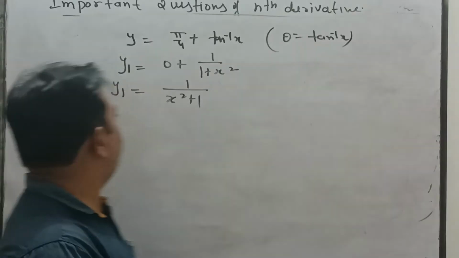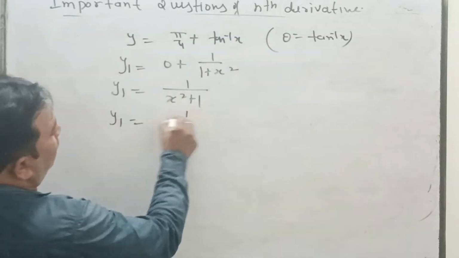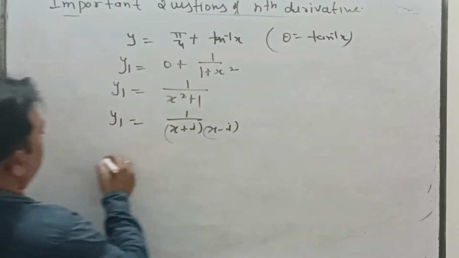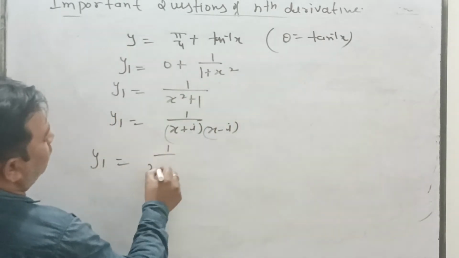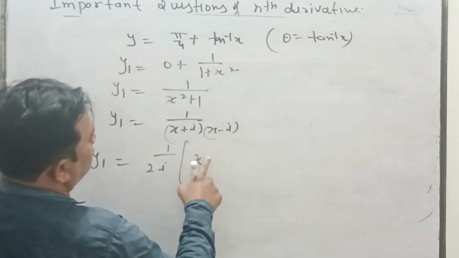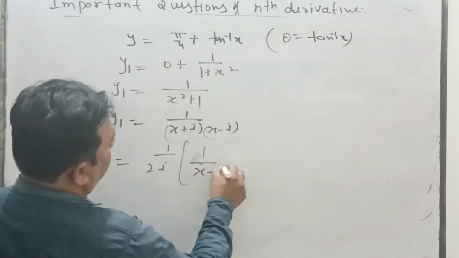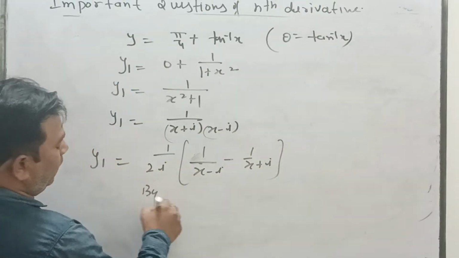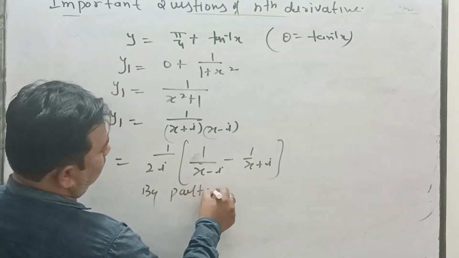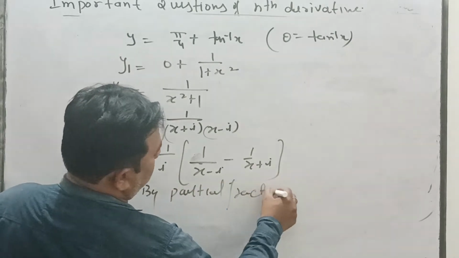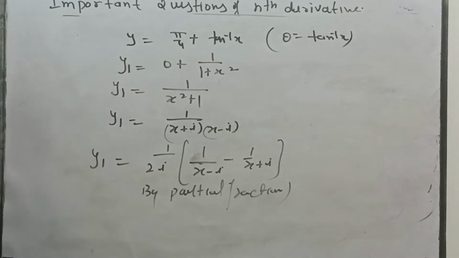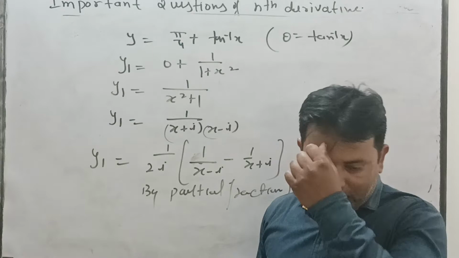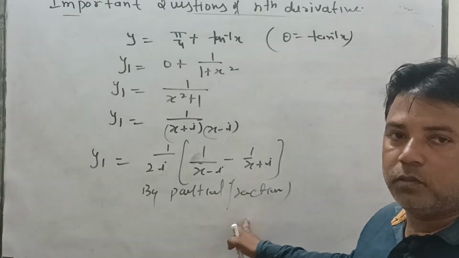So y1 equals 1 upon (x plus i)(x minus i), which gives y1 equals 1 upon 2i times [1 upon (x minus i) minus 1 upon (x plus i)] by partial fractions. If you have not seen my previous video, I again request you to see it.